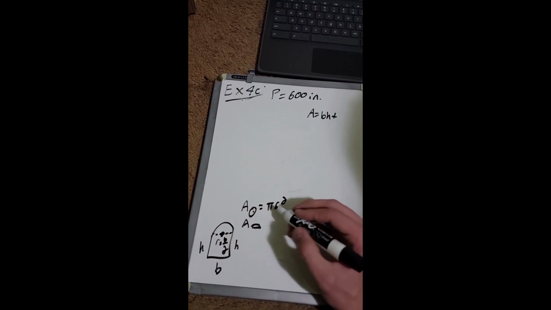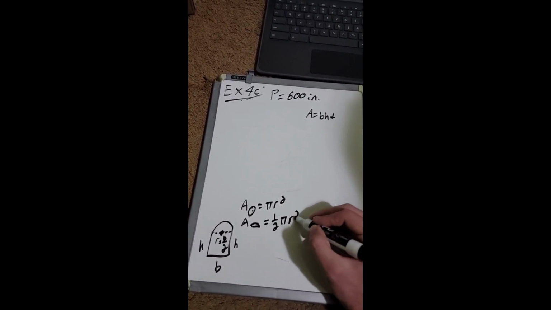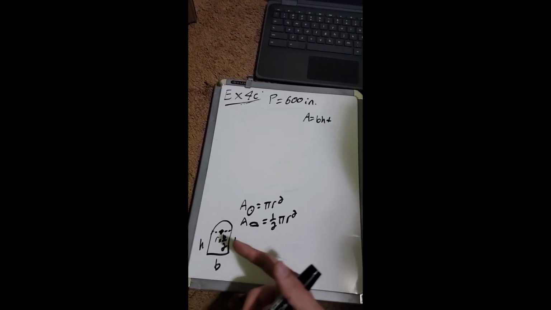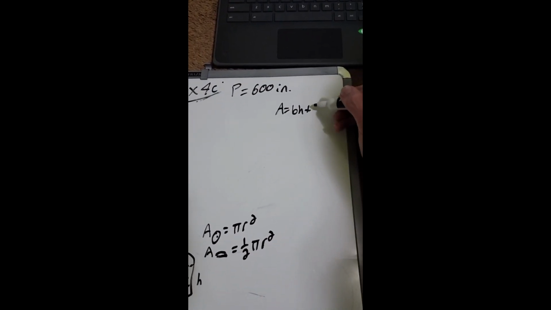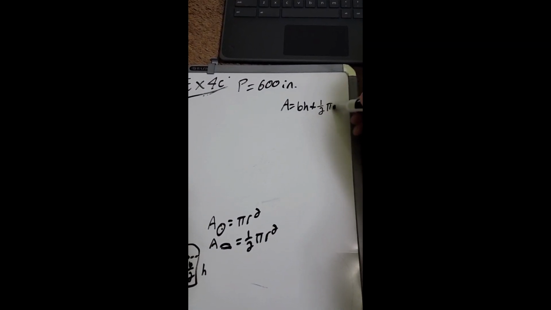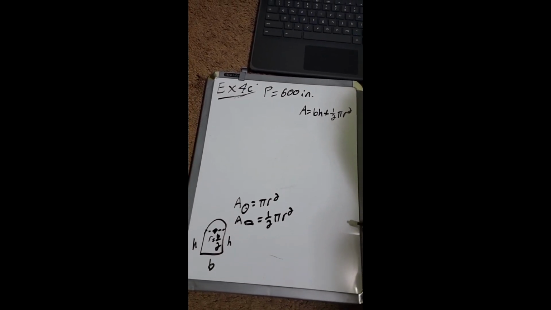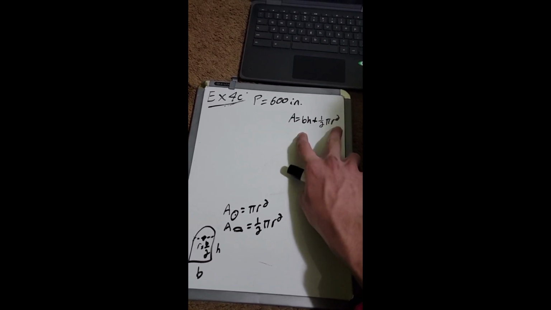Because again, this is just half a circle. So same logic as a triangle. How a triangle is 1/2 base times height. It's like a square cut in half. A semicircle is just a circle cut in half. Plus half pi r squared. All right. So we have an equation for area. This is what we're going to want to maximize.